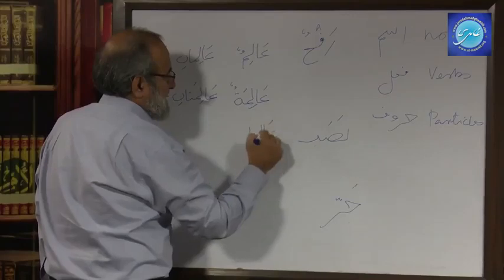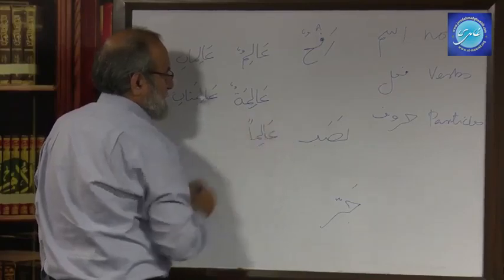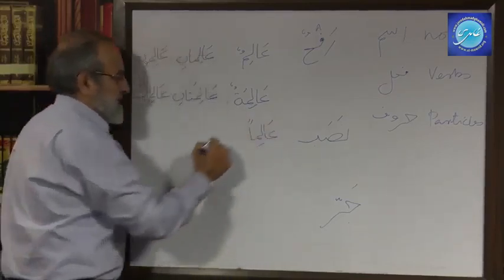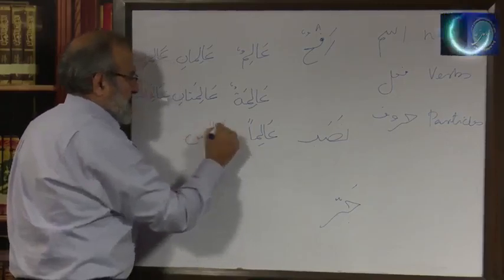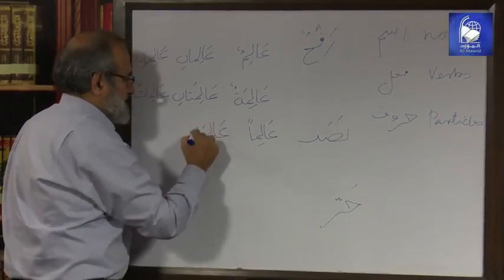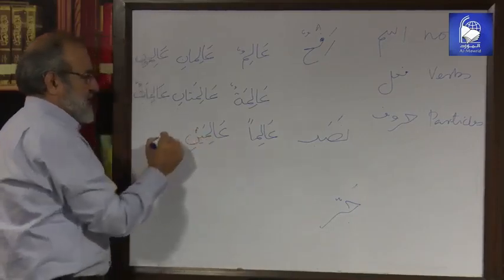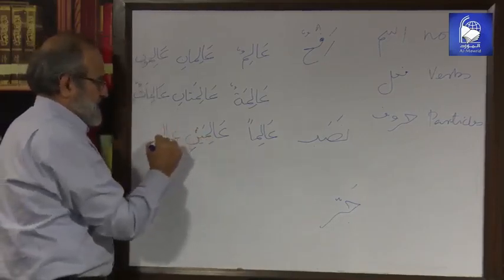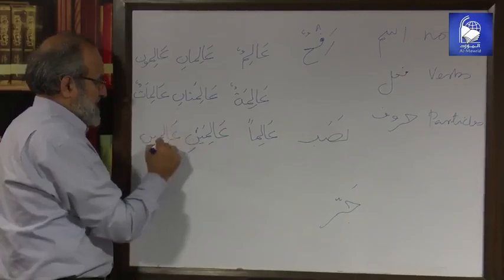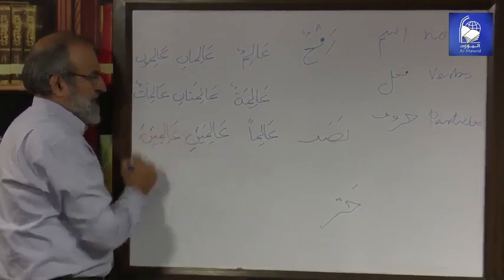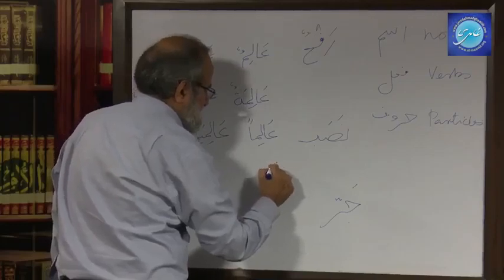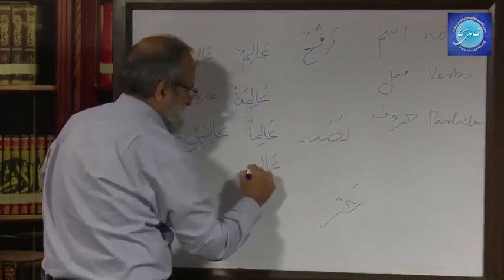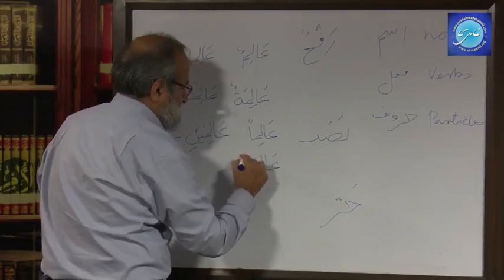You come to Nasab, and it is aliman. I've already explained that there is an additional alif that is added. In the case of double, it's alimaini. In case of plural, it's alimina. In case of singular feminine, it's alimatan.